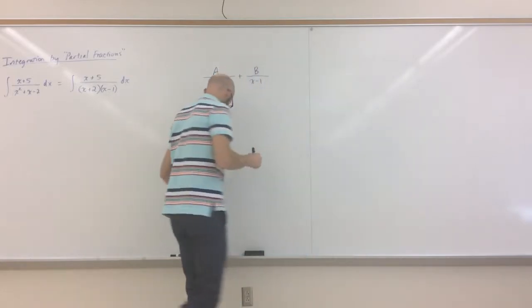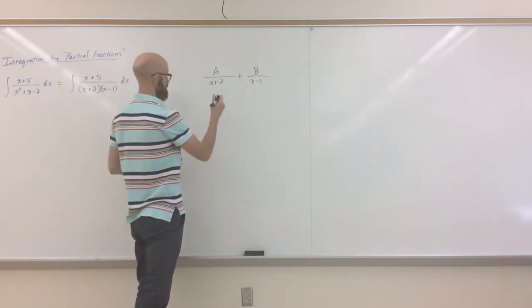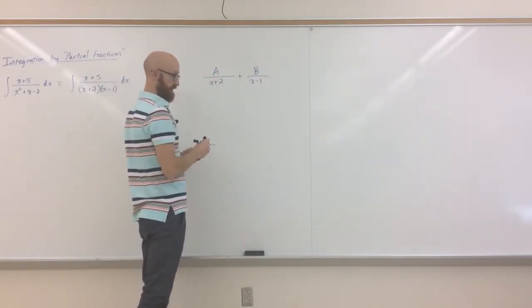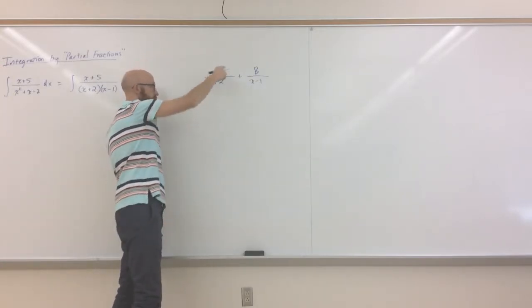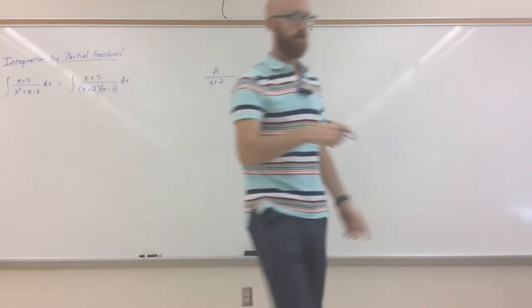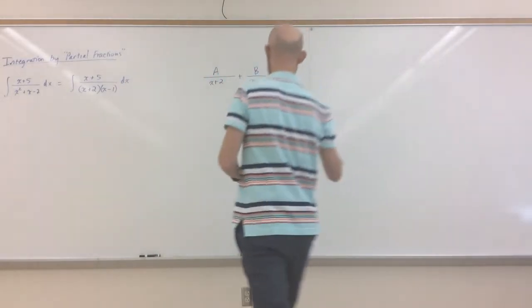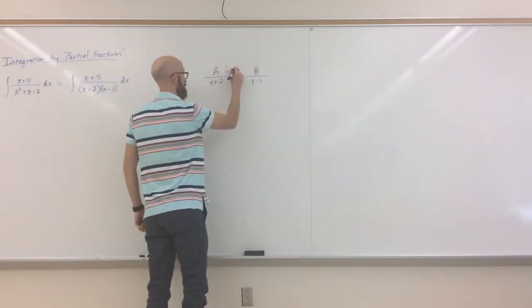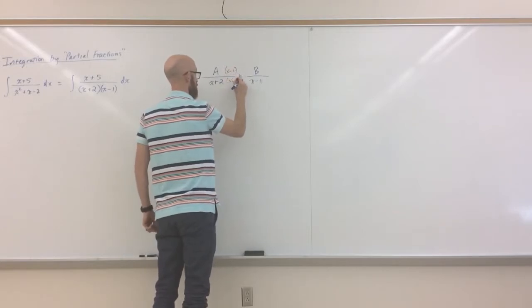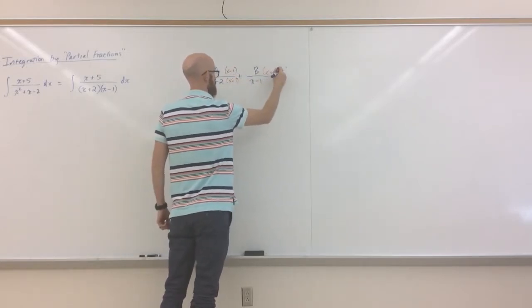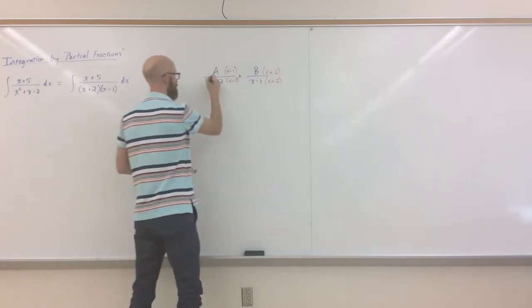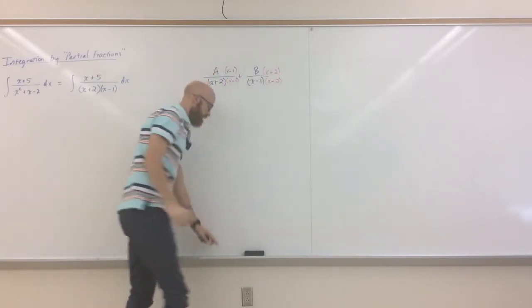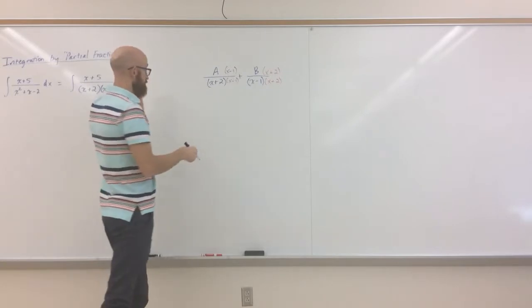To do that, we're going to multiply the first fraction's numerator and denominator by x minus 1, and the second by x plus 2, thus making the denominators common.